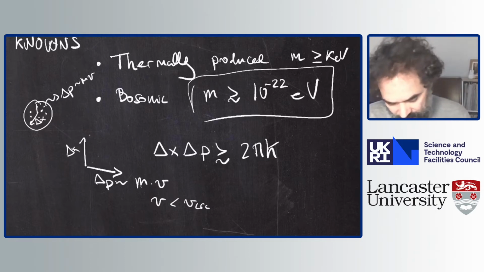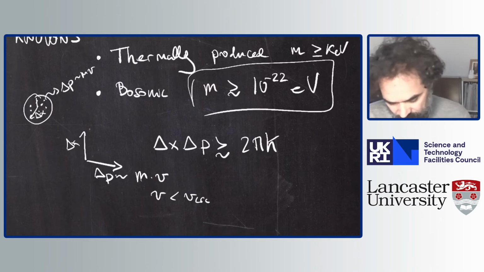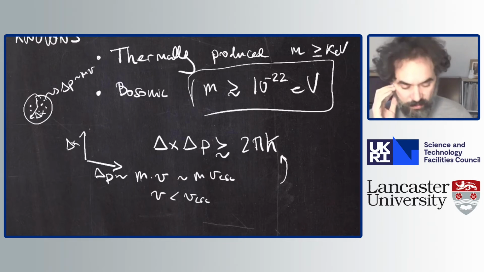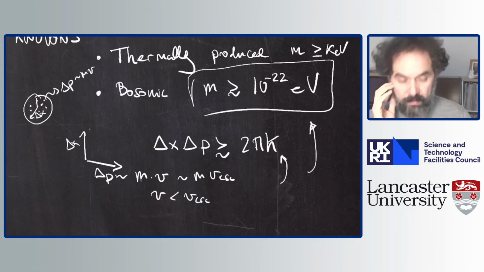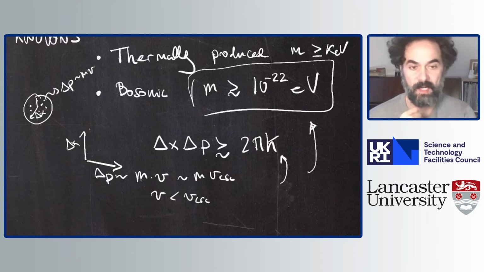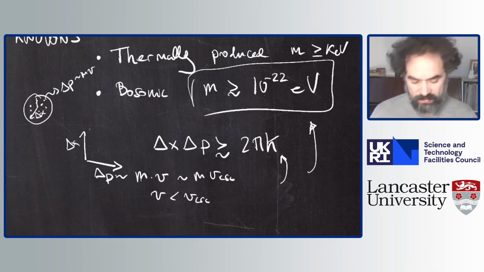That means that delta P is at most m v escape. And from these properties, if you plug them here, this is what you have to do in the exercise, you will see that you find this bound. If you apply them to the objects which are smallest and dominated by dark matter, which are called dwarf spheroidals. Okay, that's very interesting.